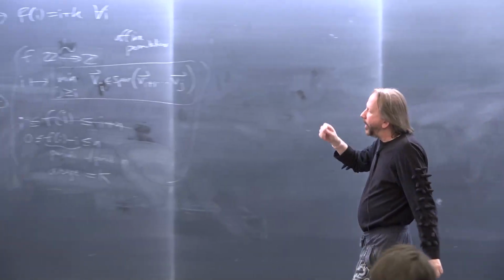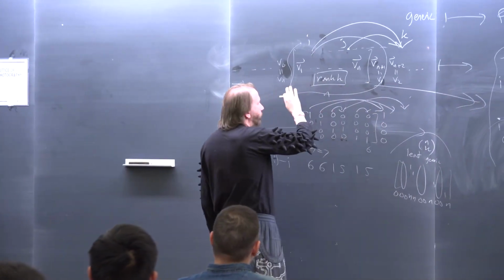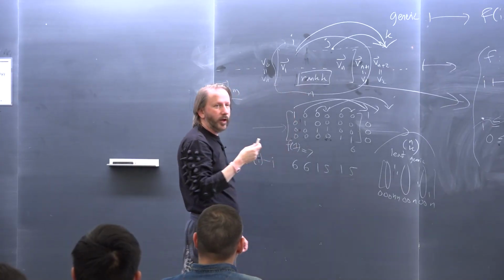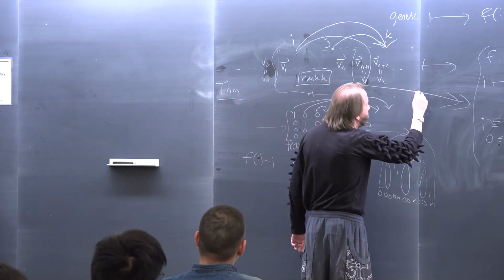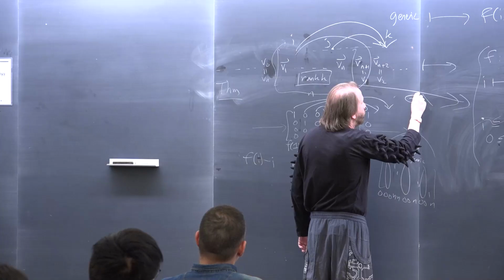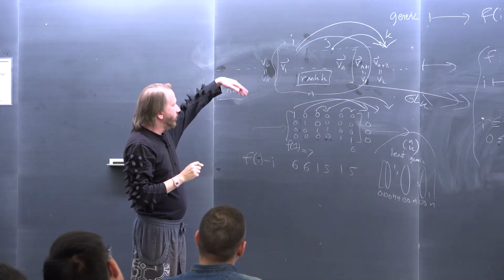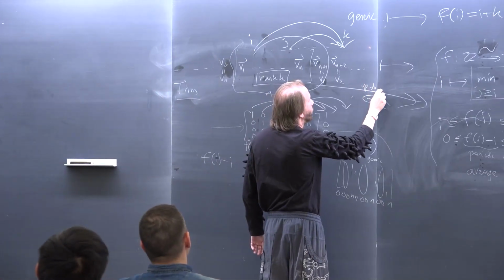But in that paper, he does a lot of thinking about decomposing the space of k by n matrices, or really, remember, this was up to the left action of invertible matrices doing these row operations. So you could say up to row operations.